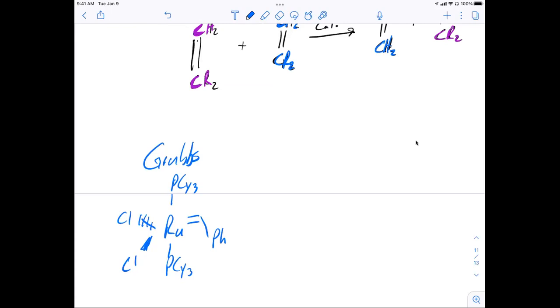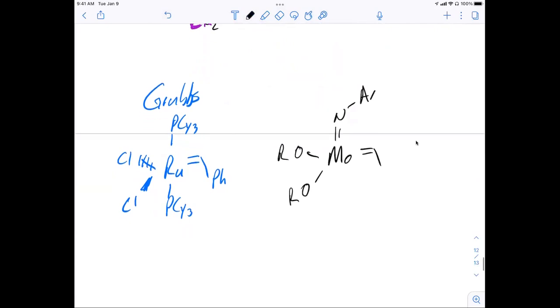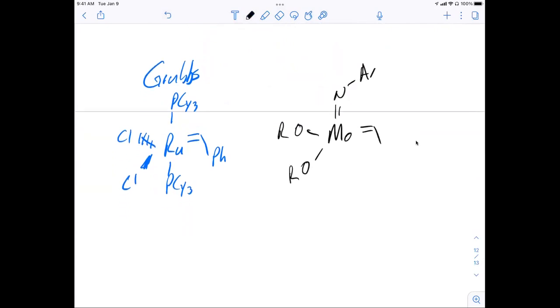I forgot to write it down and I forgot the other name. The other catalyst is molybdenum. Stork. It's like Stork. Oh, can't remember his name. So these are the two reactions.